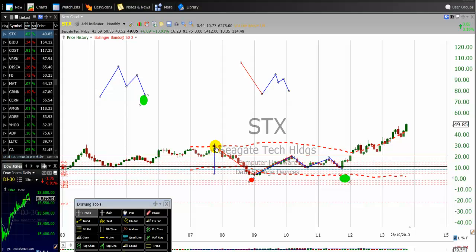Draw a vertical line from the starting point of the initial bearish move to the end of the bearish move. The bearish move started from here and ended here. We draw a vertical line to highlight the height of that move to the downside. As the price goes up and goes above the cycle point, which is here, we project it.